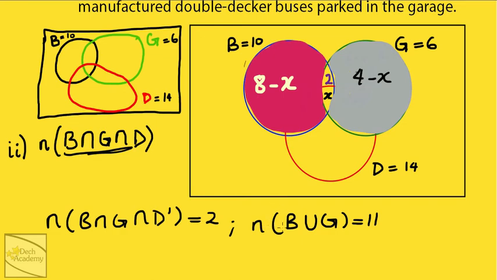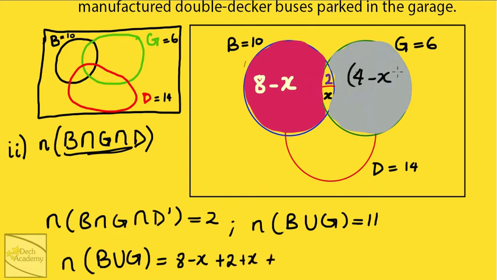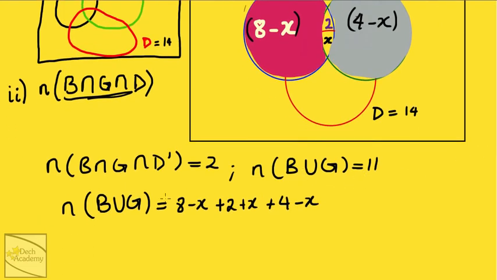Now, the number of elements in B union G is, from the diagram, 8 minus x plus 2 plus x plus this 4 minus x term, and we were told that this left hand side term is actually 11. So we know that 11 is equal to 8 minus x plus 2 plus x plus 4 minus x.